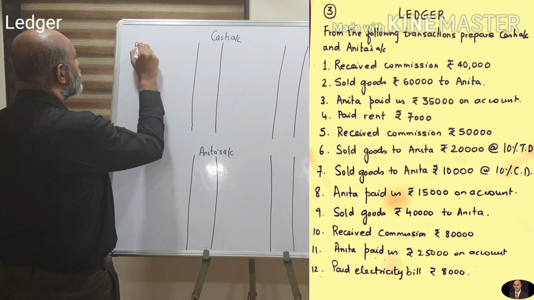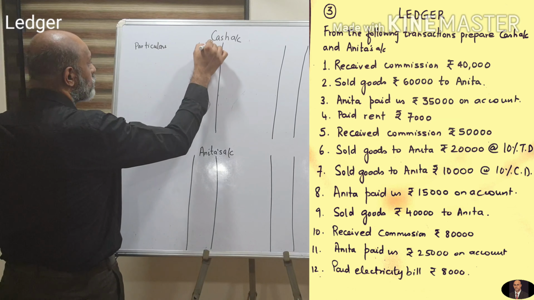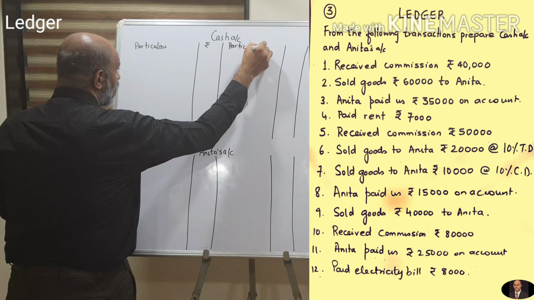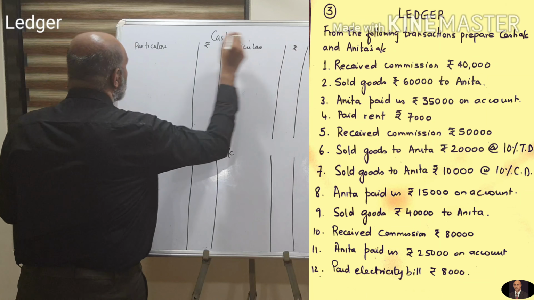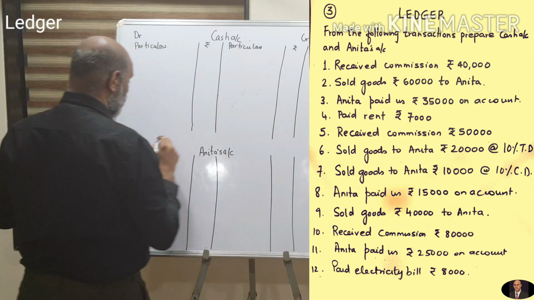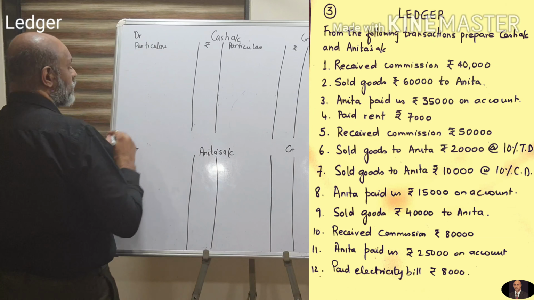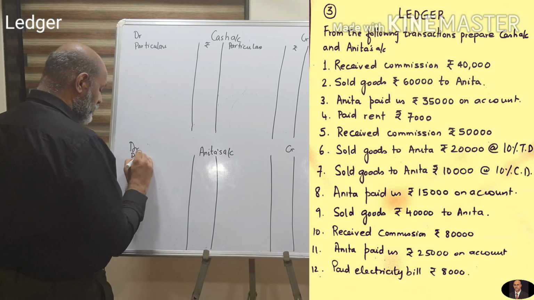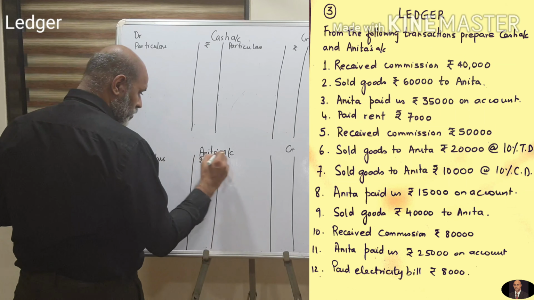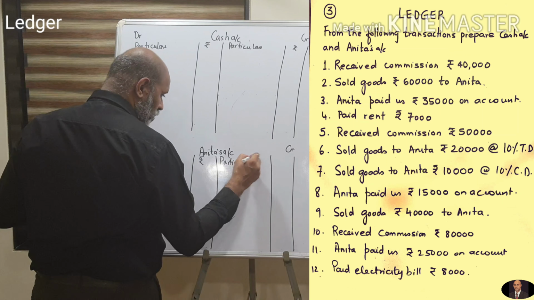So it's particulars, amount, particulars, amount. Your left hand side is your debit, your right hand side is your credit. Particulars, amount, particulars, amount.